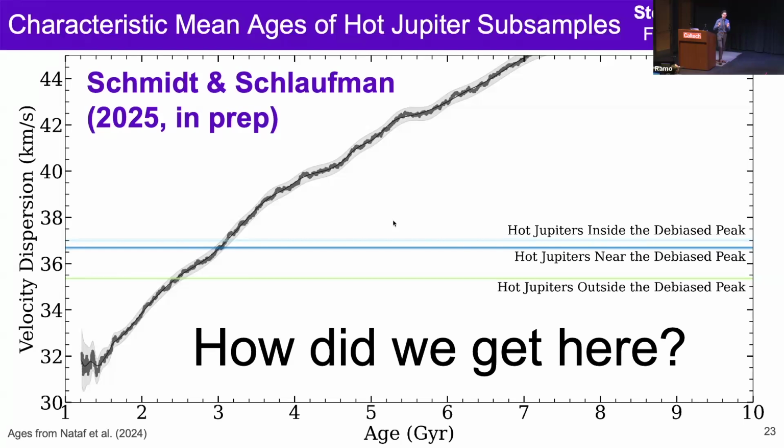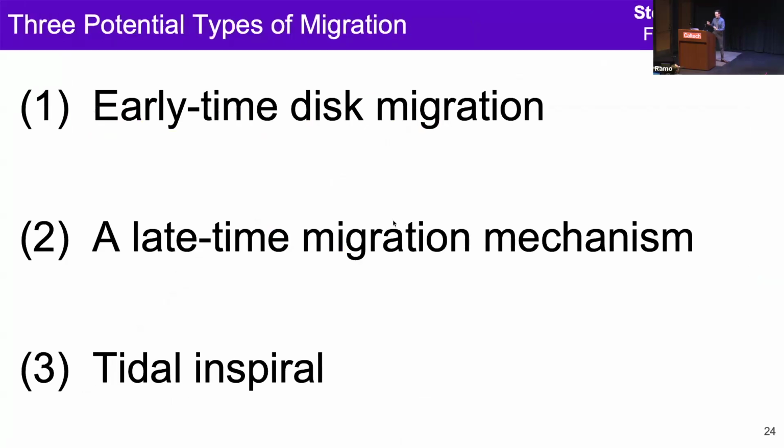What combination of formation mechanisms has led to these subpopulation ages that we now infer for the debiased subpopulations in the hot Jupiter distribution? Broadly, we can divide these methods of formation and evolution into an early time disk migration mechanism that is agnostic to the period it drops its hot Jupiter off at, which we can think of as approximately uniform.